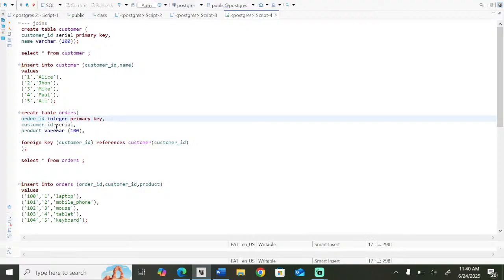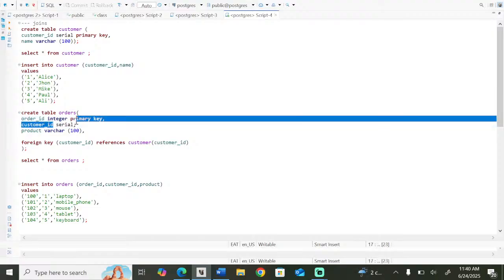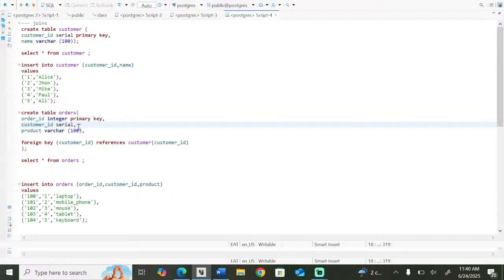Then we have customer ID, the second column. I choose serial, which auto increments. That's what serial means. For product, I chose varchar because I don't want to be limited to a certain number. Varchar means it can be 100 or even exceed 100.